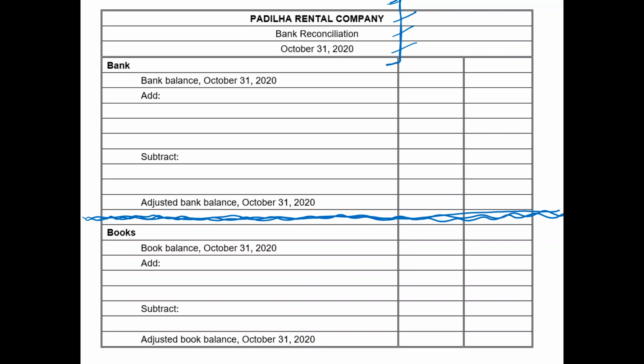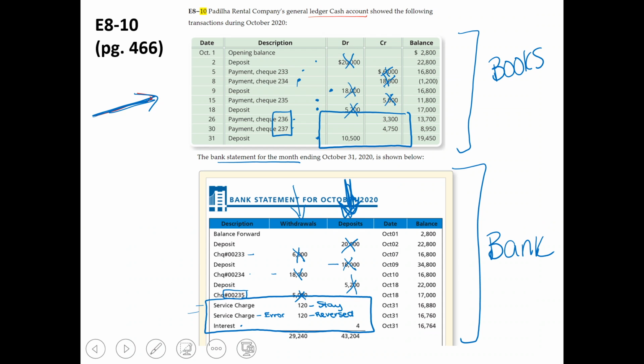Okay, so we know when we start a bank rec, we start with each of the opening amounts. So for the bank, we start with the ending bank balance at whatever day we're doing this. So what does the bank statement actually tell us is the bank balance at October 31st? To find that, we flip back here, we look to our bank side, and in this far right column, we have the running balance. So we go to the end of the month, and that is our ending bank balance, $16,764.